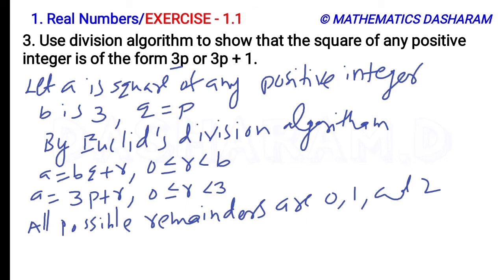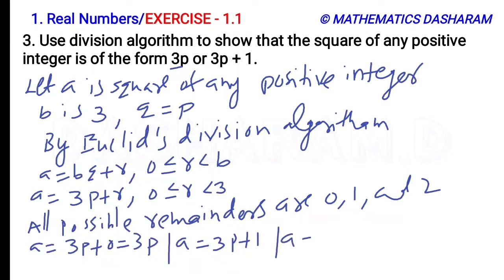Let's substitute these remainders in this. First, a equals 3p plus r. The first remainder is what? 0, so 3p. Next, the second one, a equals 3p plus 1. The third one, a equals 3p plus 2. Out of these three, let us verify which are squares of positive integers.